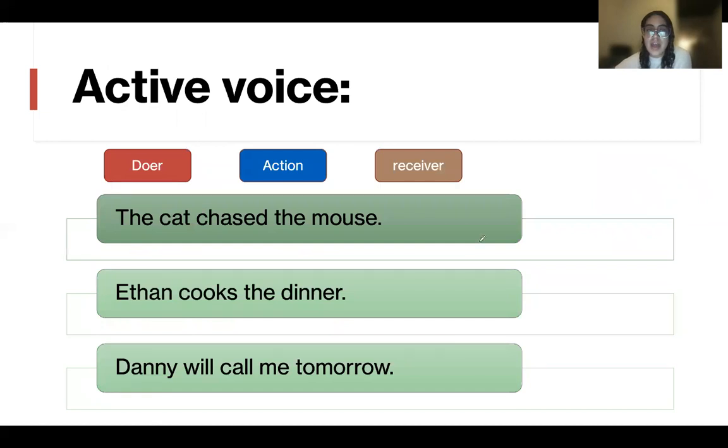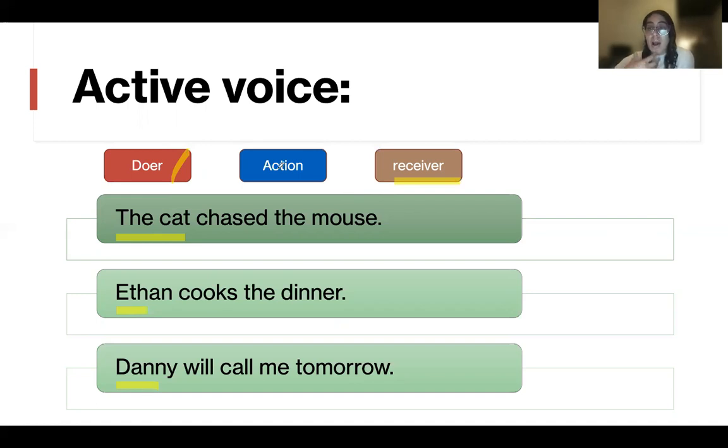So let's start with the active voice. In this case, we are focusing on the doer of the action. For example, the cat chases the mouse. Ethan cooks the dinner. Danny will call me tomorrow. It is more important to be focused on the doer of the action instead of the receiver of the action.